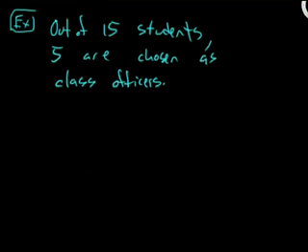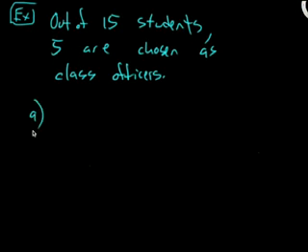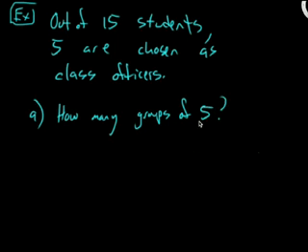And let's consider this first case, where I just want to find out how many different groups of 5 could be formed. So regardless of who got what position, the order would not matter for this case, so this would be a combination.